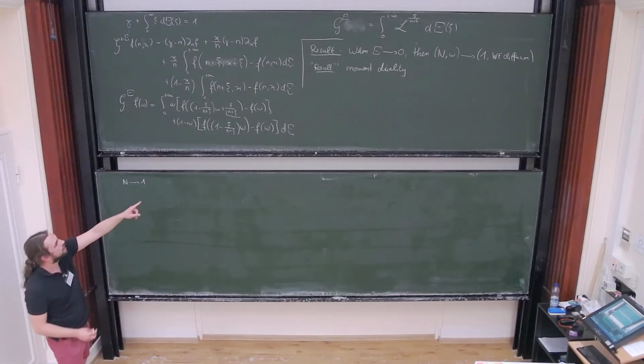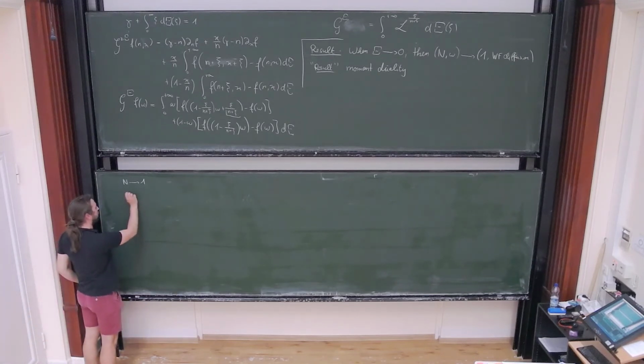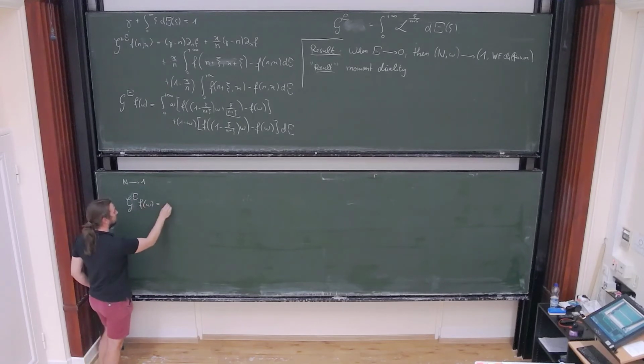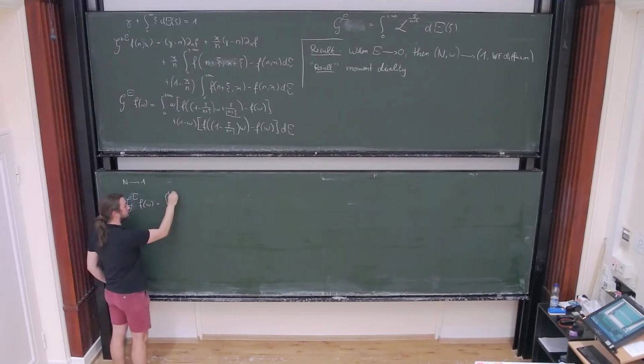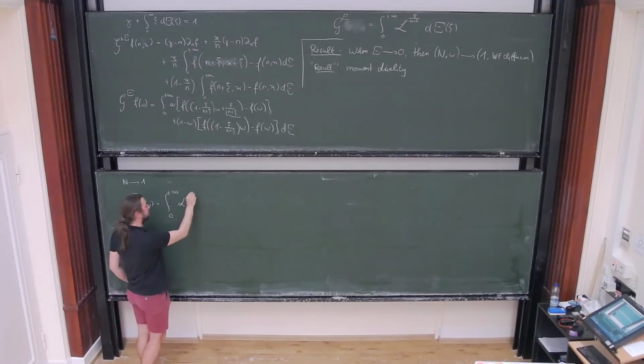And that means that in this generator of the proportion process, we can simply replace our n by 1.